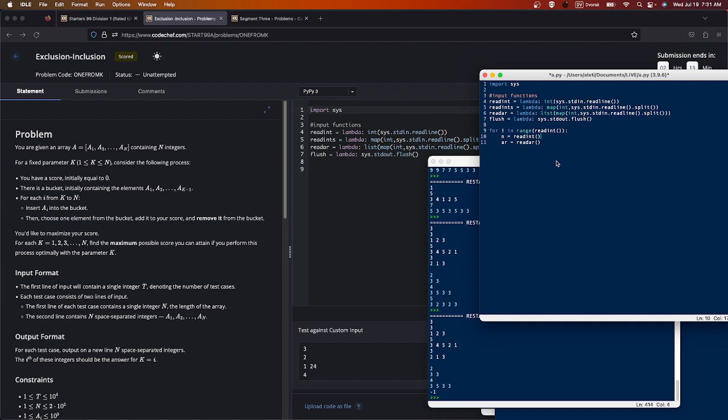So our score starts at 0, we need to maximize the score. So every i from k to n, insert it into the bucket, then remove it from the bucket and add to score.